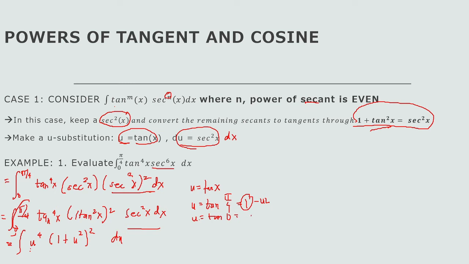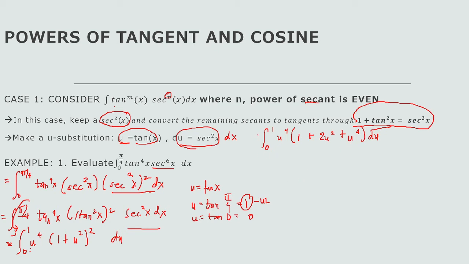So therefore, our changed limits now are from 0 to 1. Okay? So I will explain later. So for that, let's continue from 0 to 1, u to the power of 4, expand 1 plus u squared to the power of 2. So that is 1 plus 2u squared plus u to the power of 4 du.